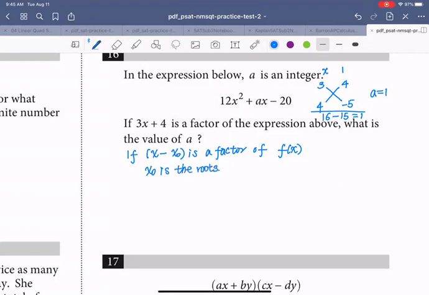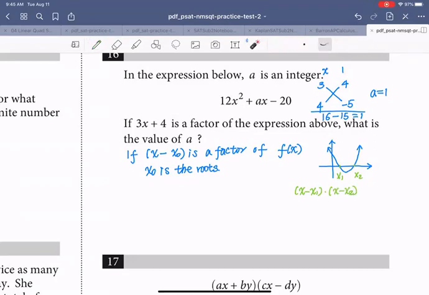Remember when we learned the parabola? If you have a parabola like that, and this is x1, x2, if x1 and x2 are the roots, then x minus x1 and x minus x2 are the factors, okay?